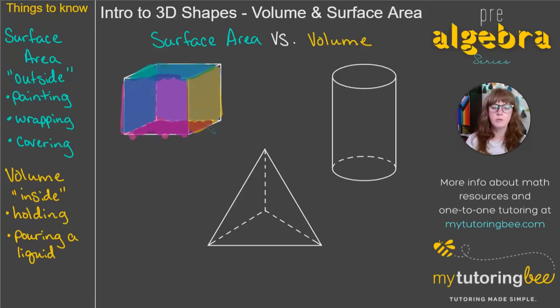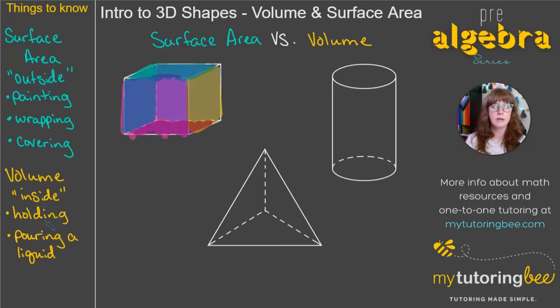This box is still empty inside, but we have just covered all of the surfaces of this box. So that's what we're talking about with surface area. And that is a two-dimensional unit of measurement because we are measuring the length and the width of each of these rectangular surfaces.